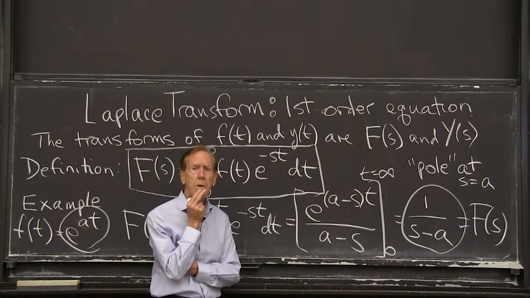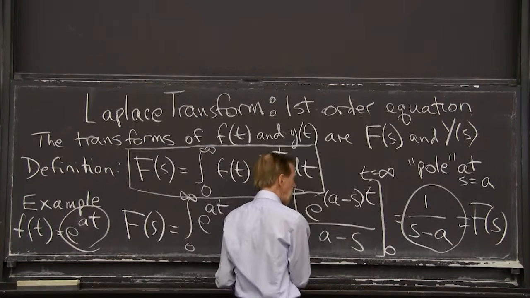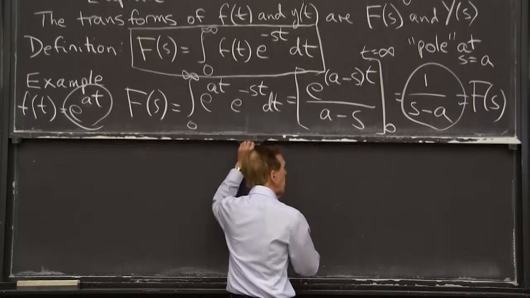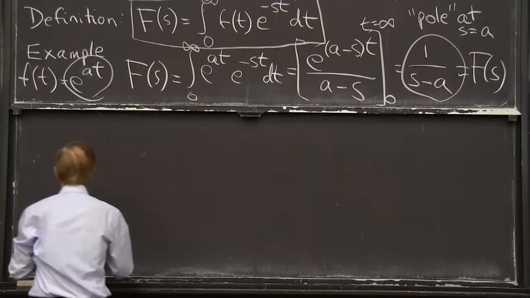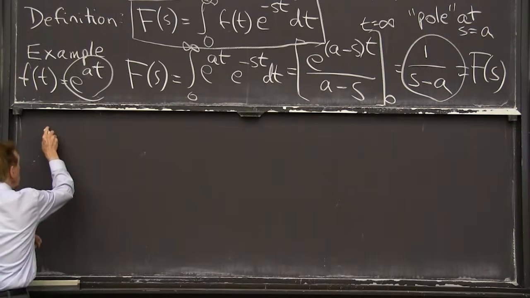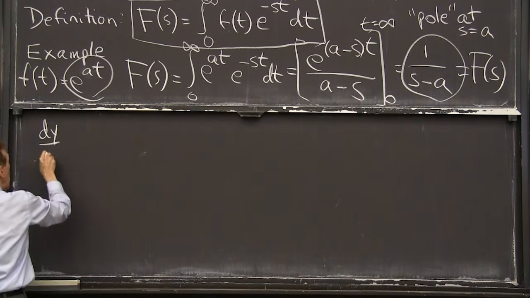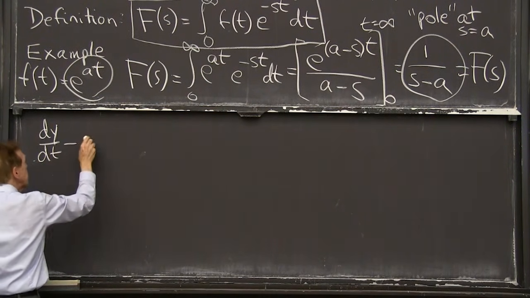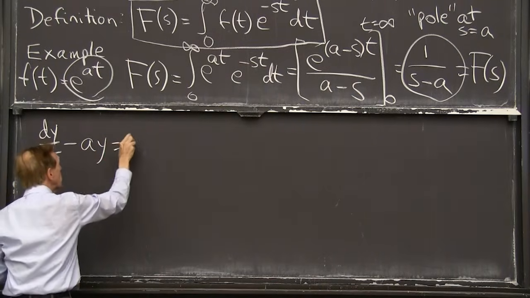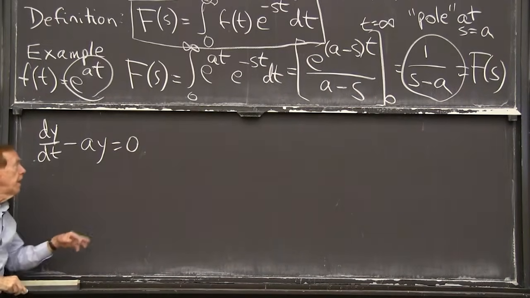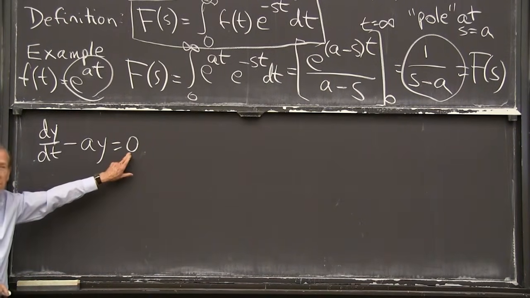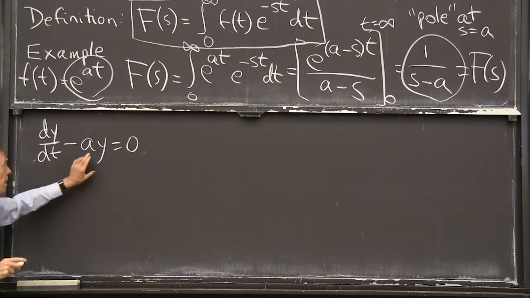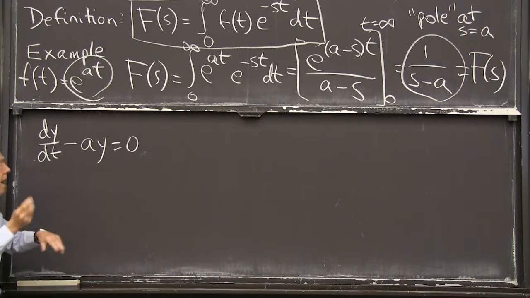I need to do one other. Oh no, I could already solve the equation. So let me start with the equation dy dt minus ay equals 0. Oh well, I can take the Laplace transform of 0, which is 0, safe enough. The Laplace transform of y is capital Y, but what's the transform of this?